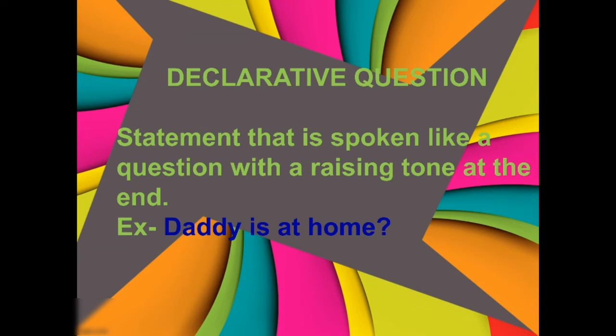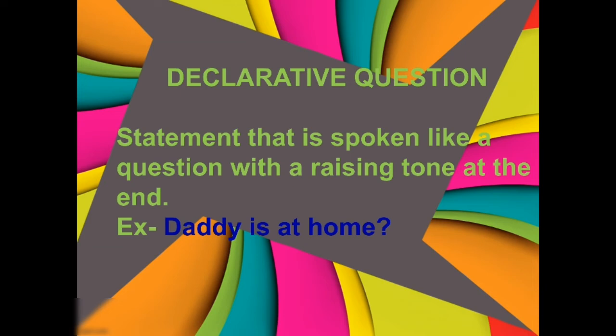Although it is in the form of question, students, such questions are basically for when you are surprised or something like that. So at the end you have that tone, daddy is at home, right? And then you have question mark in the end. These two are other yes or no questions, tag questions or declarative questions.